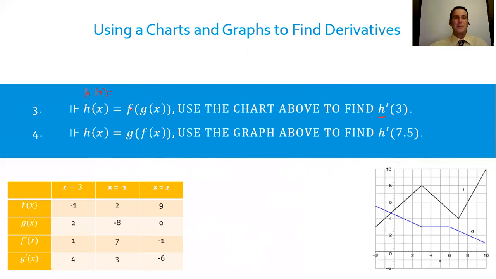So you remember, you take the derivative of the f term, and then recopy the g of x behind it, and then multiply by g prime of x. Now, the only difference in the end is that we have to input, this time, a different number, 3.